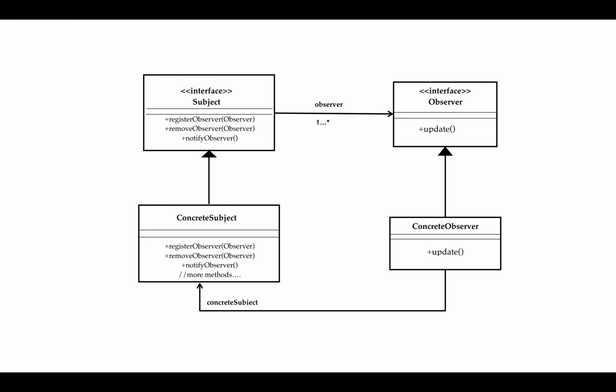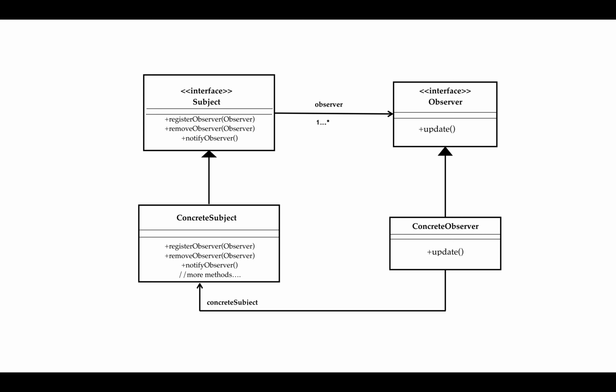So this is the UML class diagram for the observer design pattern. In this, we have two most important things. One is the subject and another is the observer. Subject is an interface containing three methods: register observer, remove observer, and the third one is notify observer.